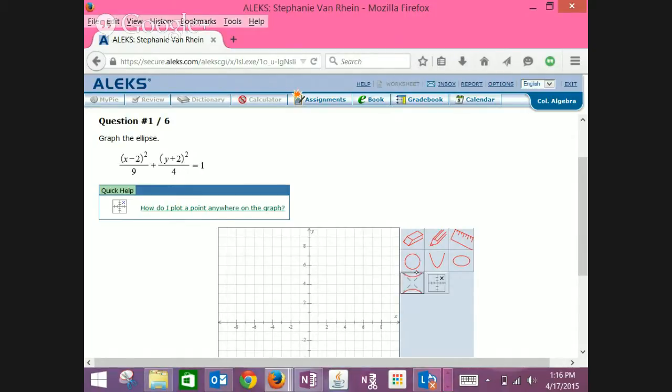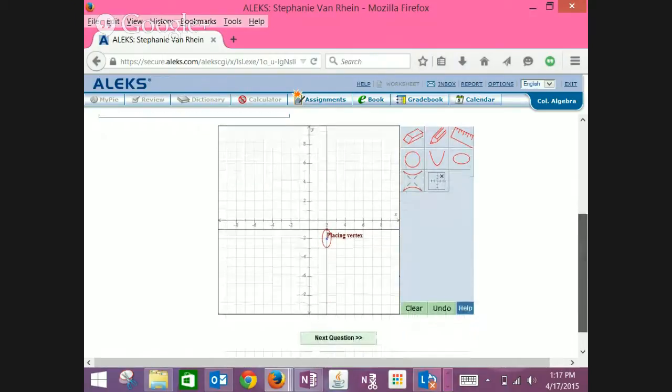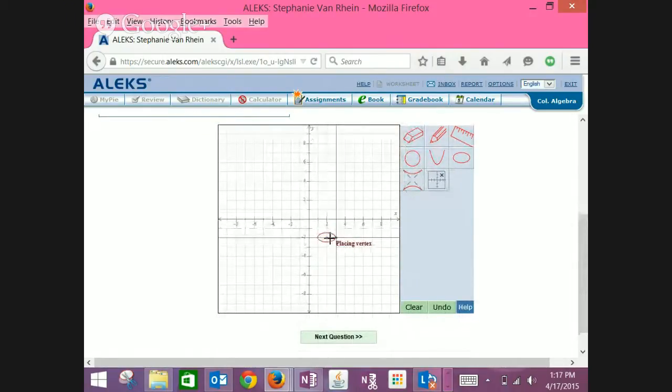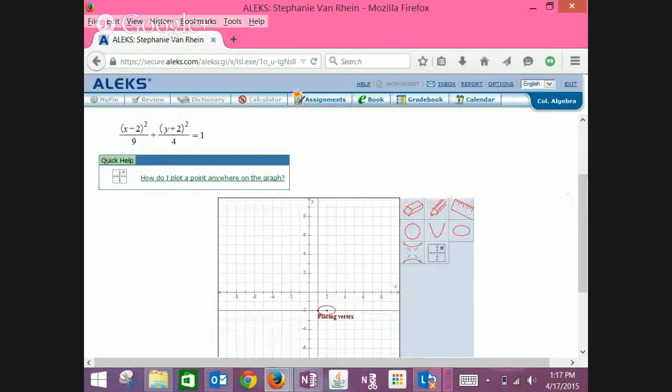So if I go to graph, picking the type of graph I want to deal with, the first thing it wants to do is place the center. So I'm going to place the center at positive 2 for my x and minus 2 for my y. Then it says place my vertex. My vertex are going to be my major axis. We said here, since the 9 is larger than 4 and it's below the x, my major axis is parallel to the x-axis.